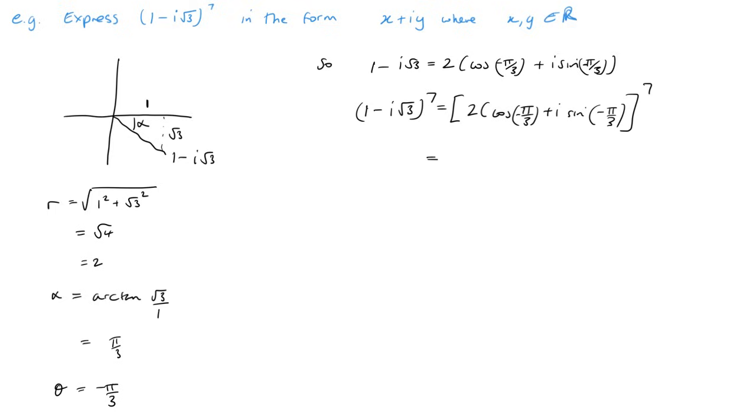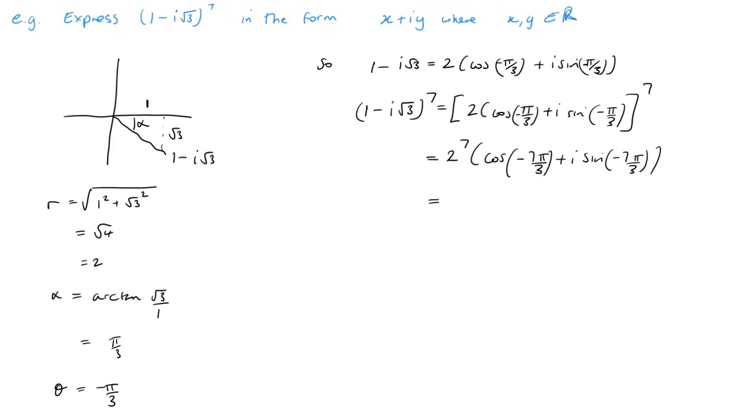So now I can use de Moivre's theorem. So that'd be 2 to the power 7, brackets, cos minus 7 pi by 3 plus i sin minus 7 pi by 3.